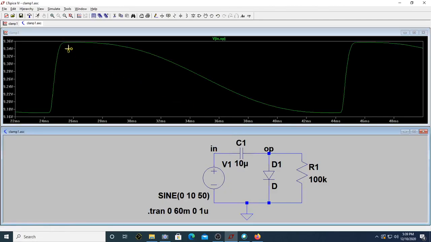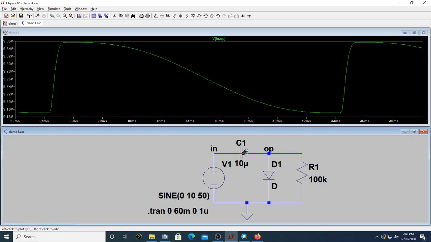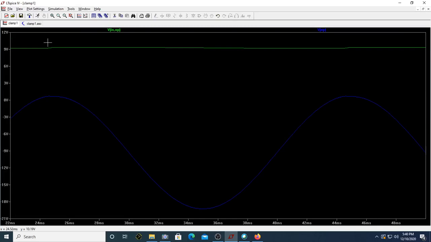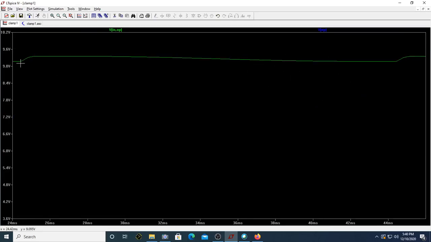You can see this is reducing. Looking alone, it looks like a huge discharge, but if you see along with the output voltage, it is a very small discharge. It is discharging by a very small amount, and then it is charging again. It discharges because of that 100k resistor you connected.